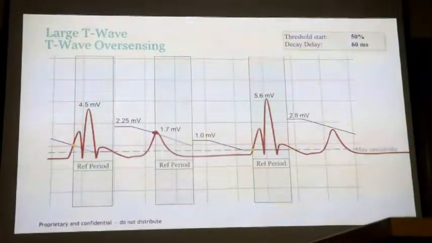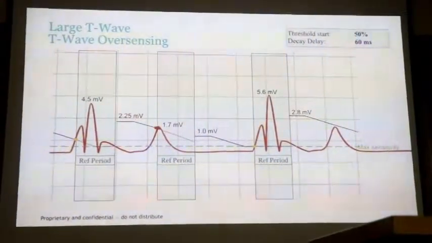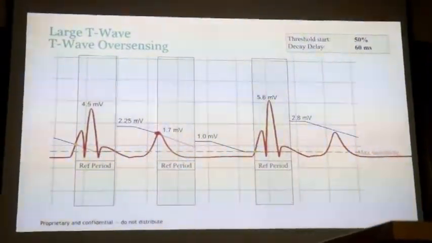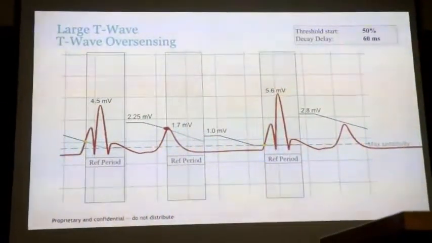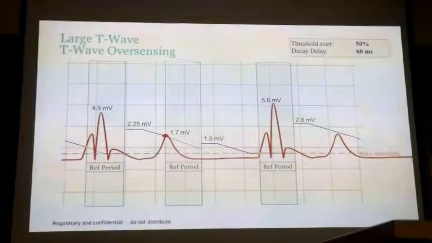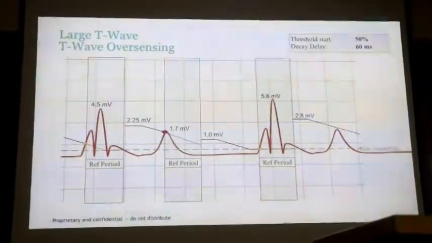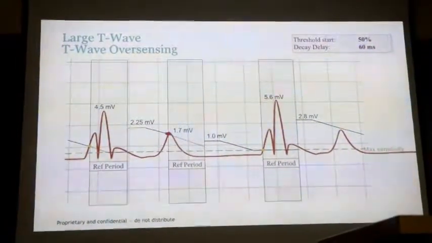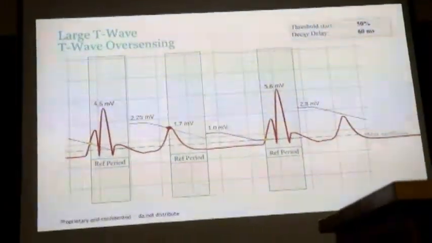So how might you change this? You might extend the decay delay a little bit, or you could even increase the threshold start. What's better? It depends on the ratio of this to this. That's why we ask you to send us the electrograms and the device settings, so we can run it through a computer and work out which is better, basically which is the least alteration from baseline.